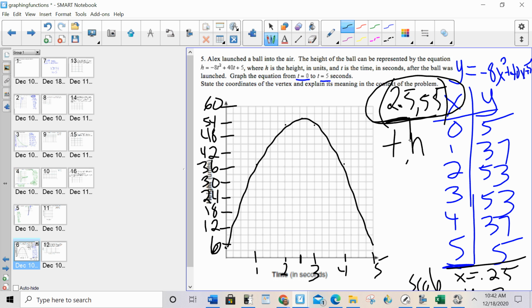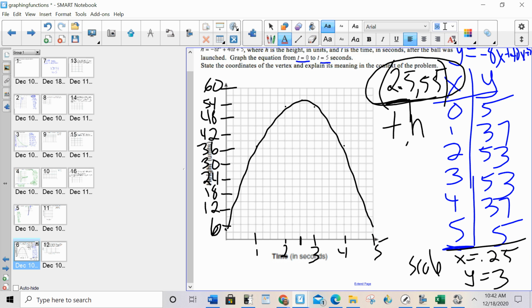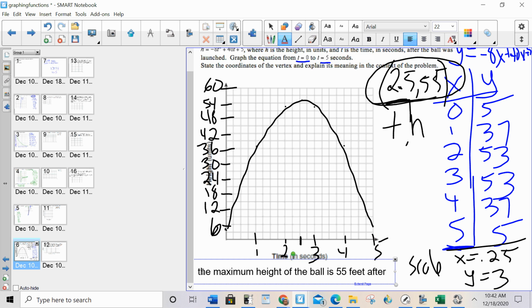So the significance of this, I don't know where I'm going to write this. I guess I'll try and write it at the bottom. The maximum height of the ball is 55 feet after 2.5 seconds.